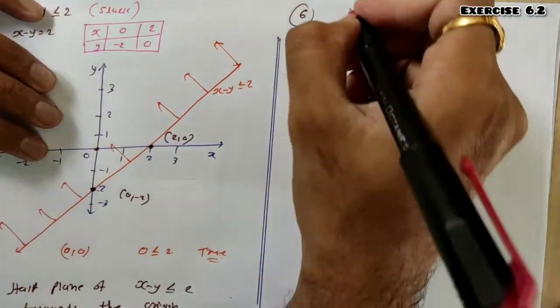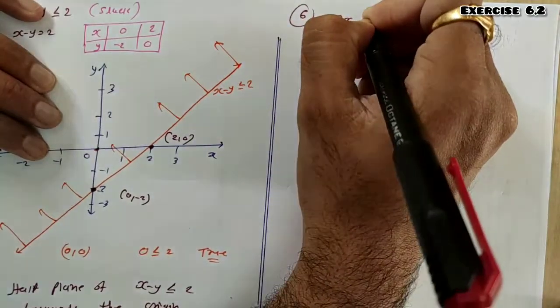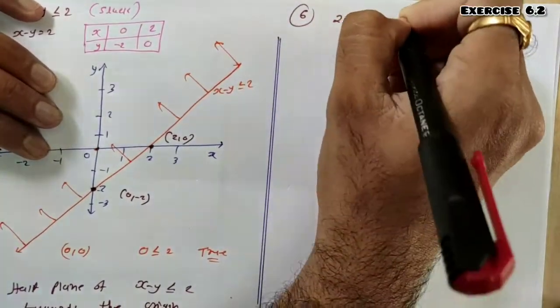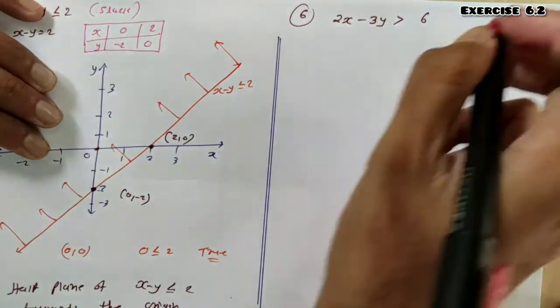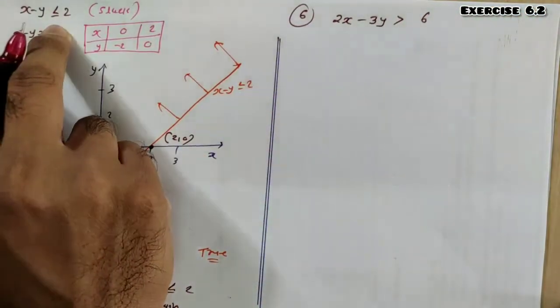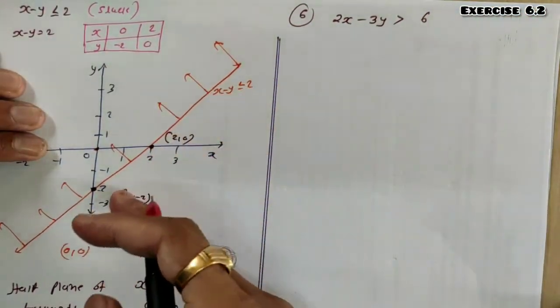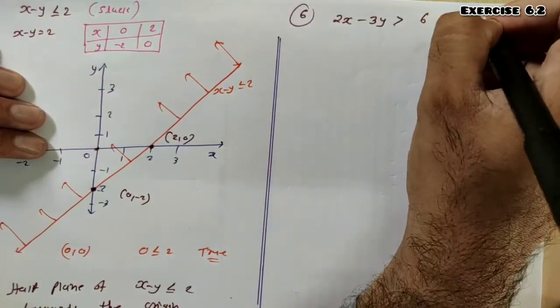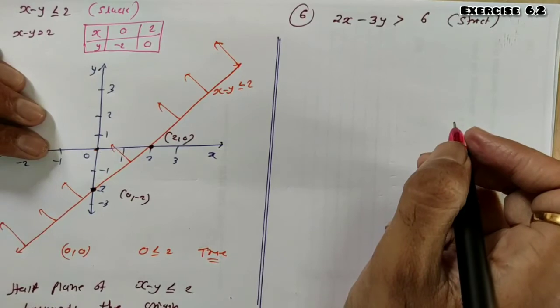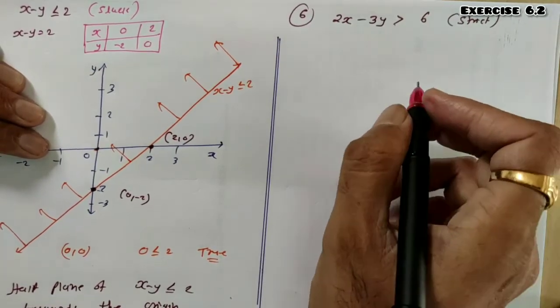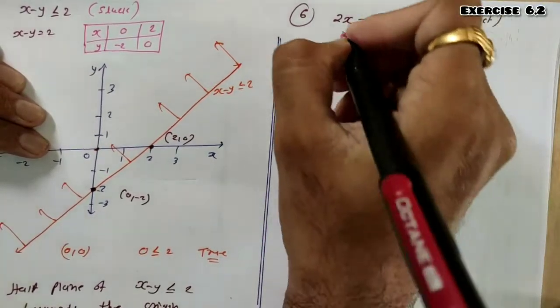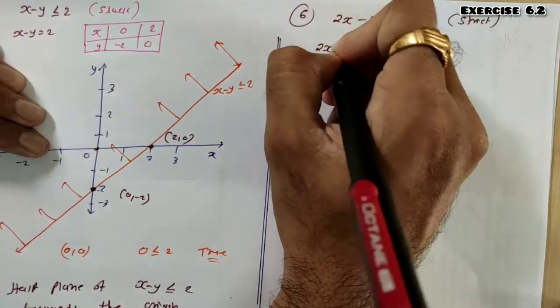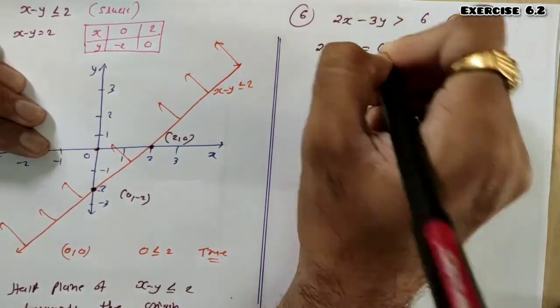So question number 6, again we are given 2x minus 3y greater than 6. Now students, here a slack inequality means we are including our line, so we are drawing a solid line. Now here strict inequality is there. Strict inequality, we are not including our line, so for that we have to draw a dotted line for this graph. Done. So our equation of line is 2x minus 3y equal to 6.